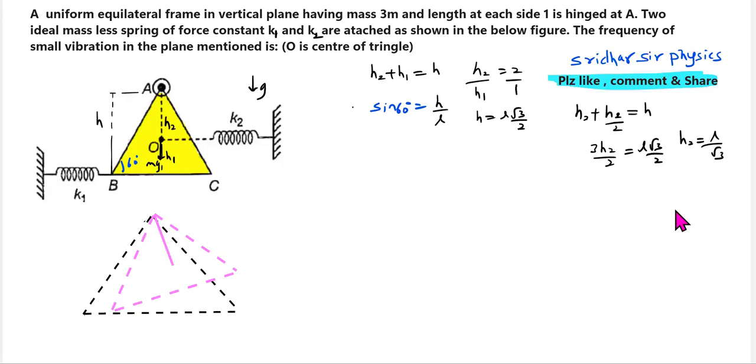Earlier this was the initial position of the triangular plate. Fine. Now after giving a small angular tilt, this will be the new position of the triangular plate. Able to analyze, no? So this is the basic thinking of this particular problem. This will be your new position.